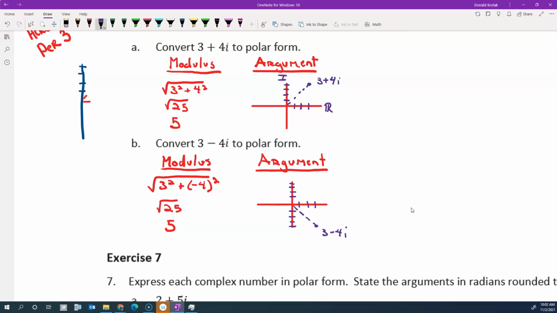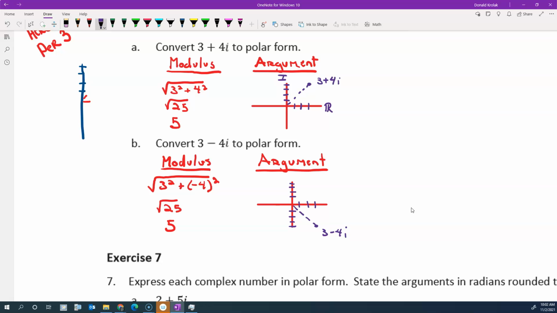Okay, now both of these you can do on your calculator, and here's how you know why. We're going to be using the inverse tangent function. When you use the inverse tangent function, your calculator is going to give you answers that are either up here, if it's positive, or down here if it gives you a negative number.